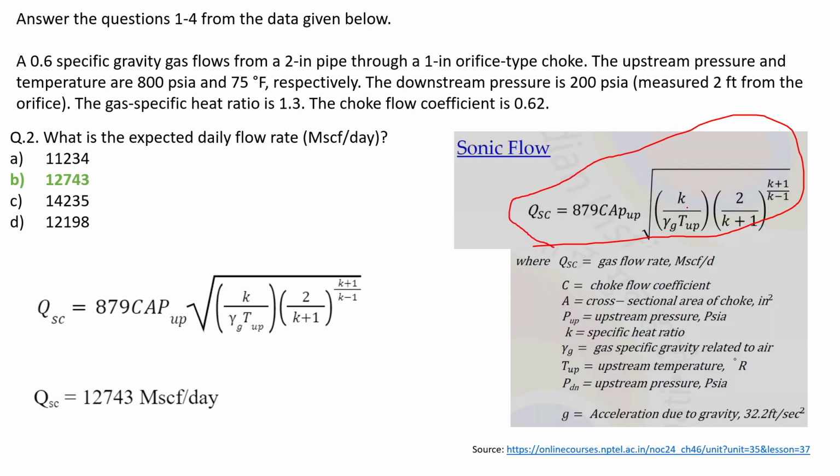By using this equation and taking care of all the units, keeping the units as shown in these notations, and putting those values in, we can find the expected daily flow rate, which will come out as 12743 MSCF per day, which is option B.